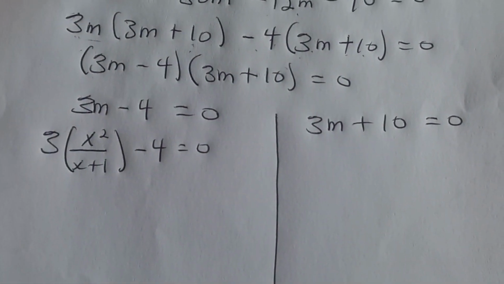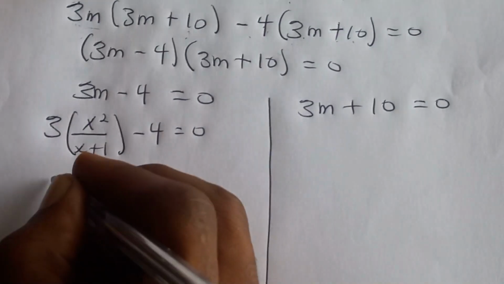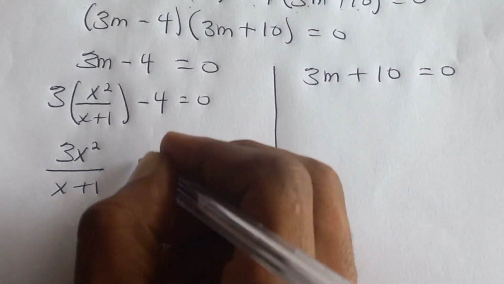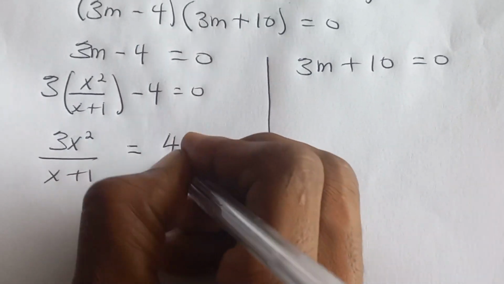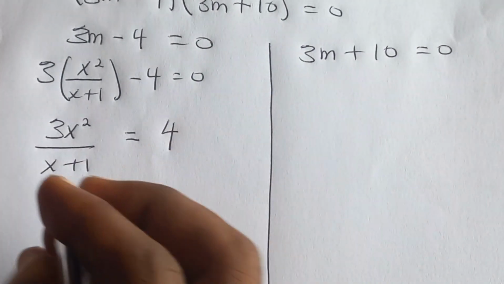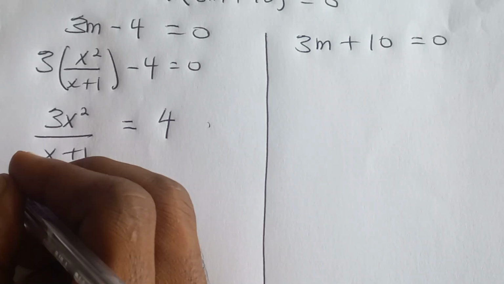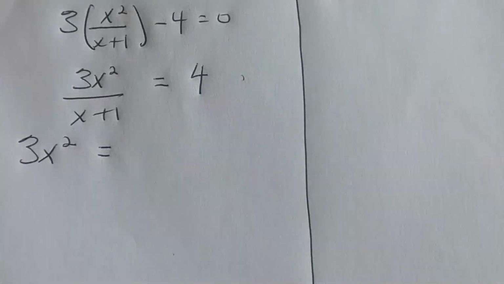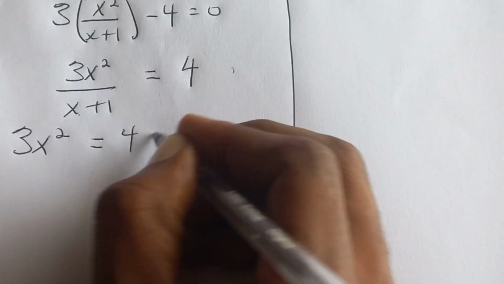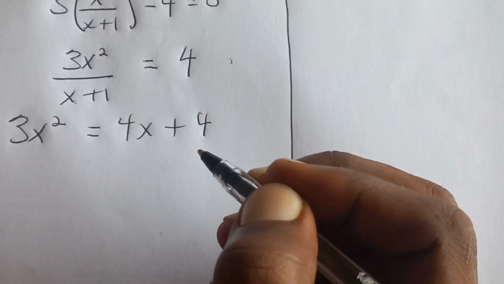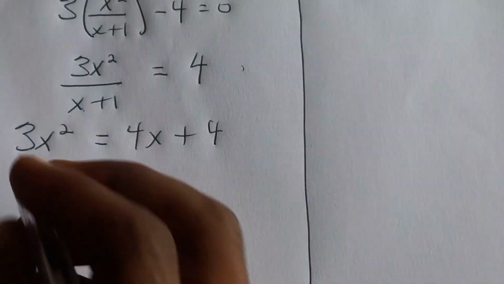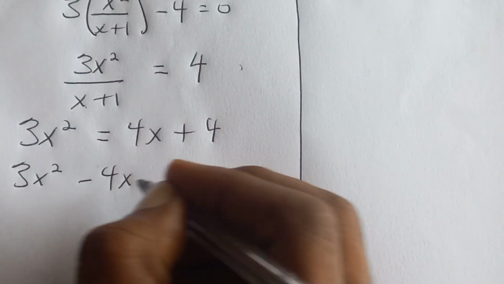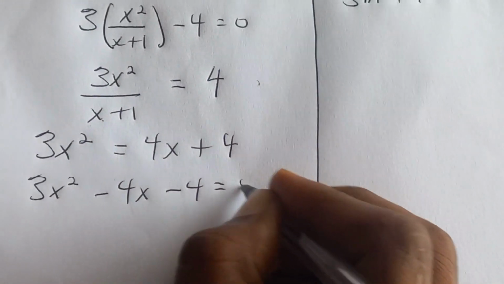So for this, you get 3x squared over x plus 1, which is equal to 4. So we are going to get 3x squared is equal to 4x plus 4. So with this, we say that 3x squared minus 4x minus 4 is equal to 0.